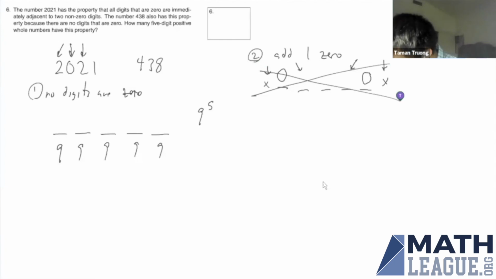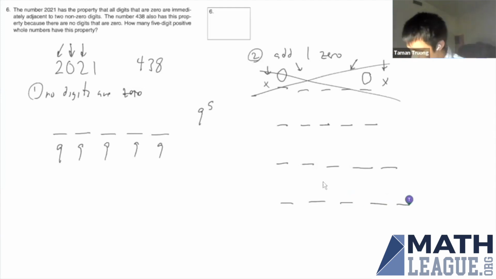So when we're adding 1 zero, there are actually 3 possibilities here. You have a 0 here, a 0 here, and a 0 here. Because then, in the first case, obviously the leftmost digit is non-zero. It has to be, or else it's not a 5-digit number.